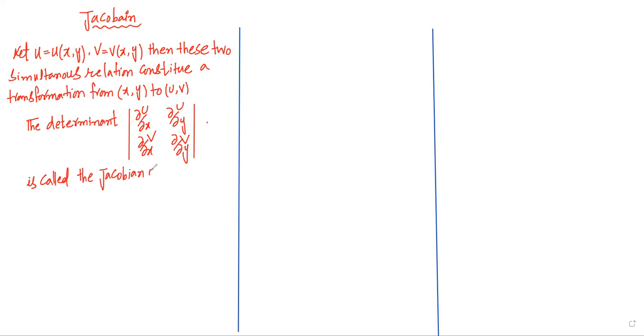It is called the Jacobian of uv with respect to x comma y, and it is denoted by the capital J. Capital J is equal to the Jacobian of uv with respect to xy, and it can be defined with the determinant like this.